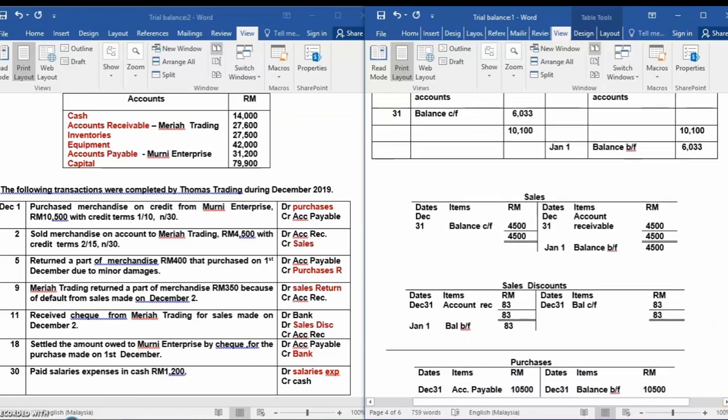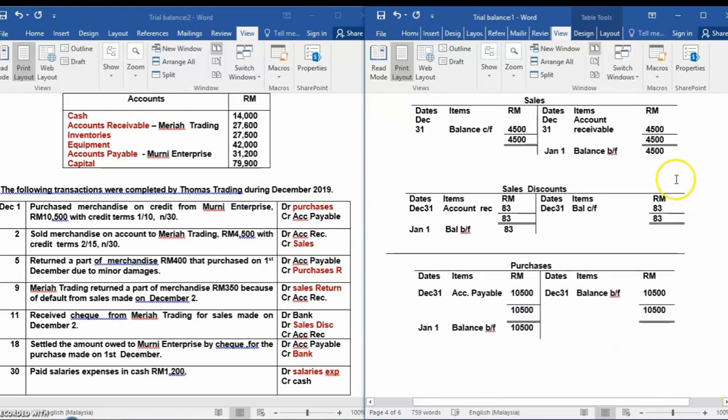Next one, sales. We have to get the amount from sales, or we can refer to the sales journal. The amount is 4,500, and we have to close the account for sales. You got the balance for the credit side, so it's very important you record it in the trial balance credit side.